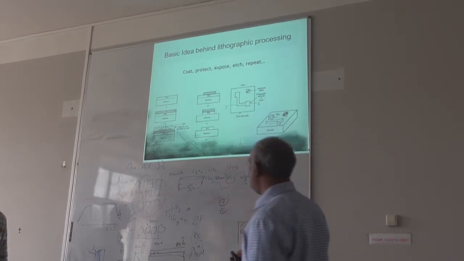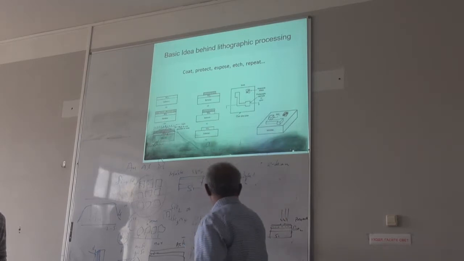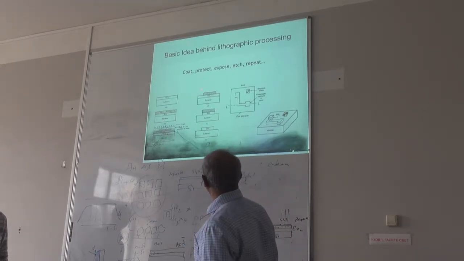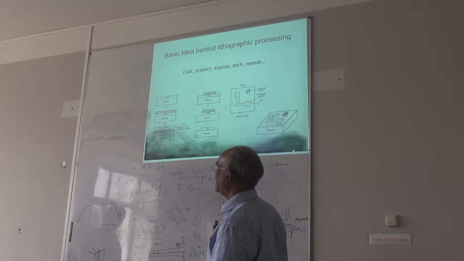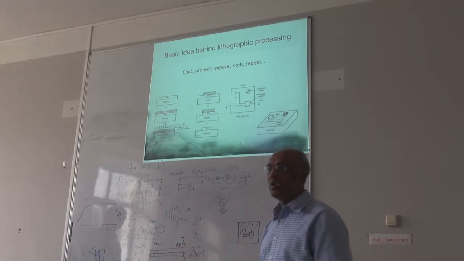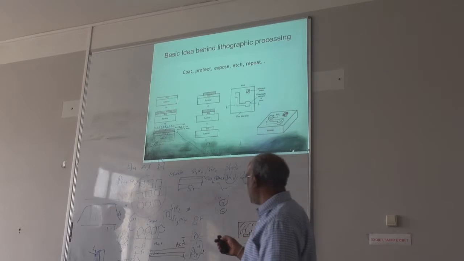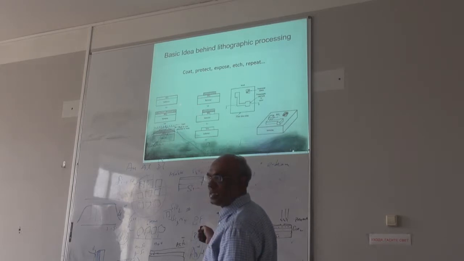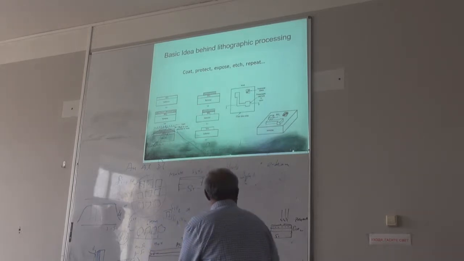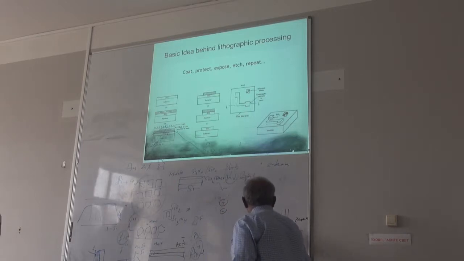In this case, you expose this one here. This was the exposed part, but this was not exposed. So this is a negative photoresist. Now if I put this in a solution called the developer, it removes only the photoresist that was not exposed. Is that clear?